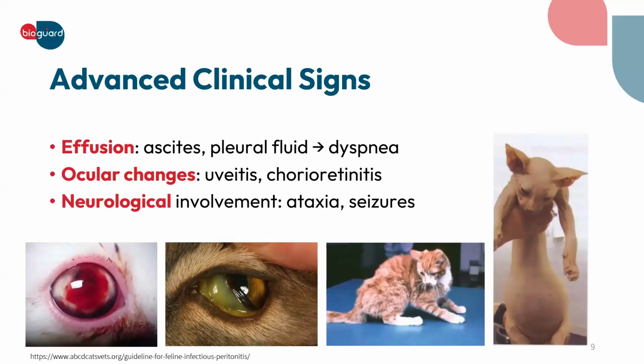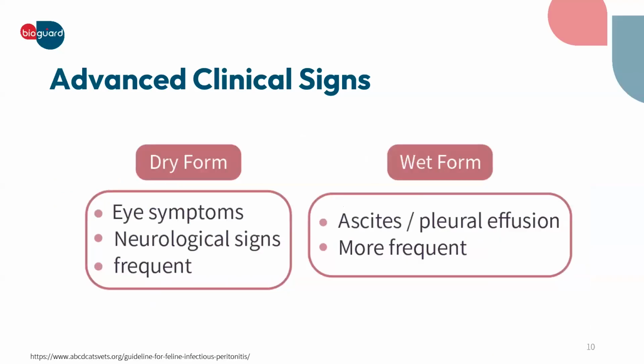If we observe the eye, the ocular signs, there will be a change in the view of the eye. Either there is a redness or there is some yellowish color. Other than that, there will be neurological symptoms as well, which can also be another sign that it could be an FIP case, combining the ocular changes as well as effusion.